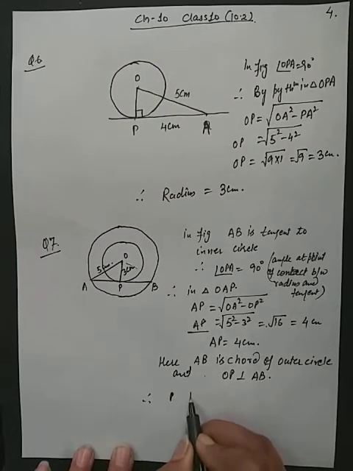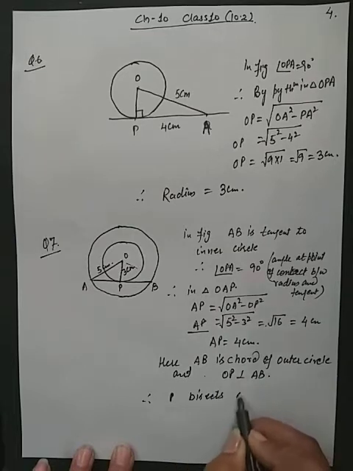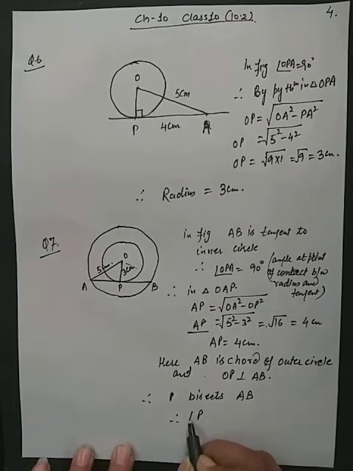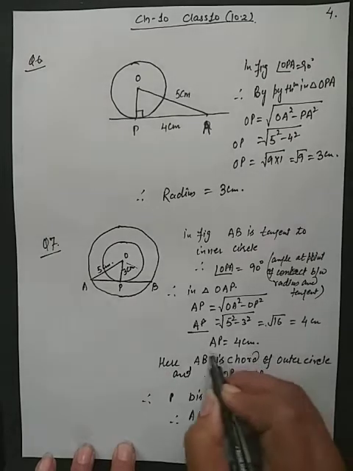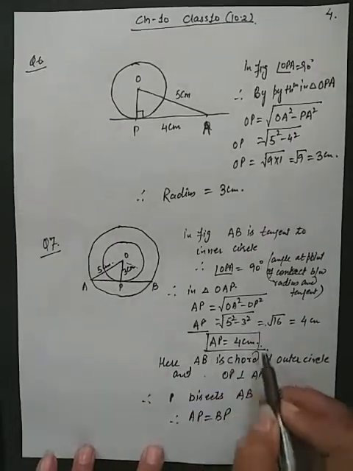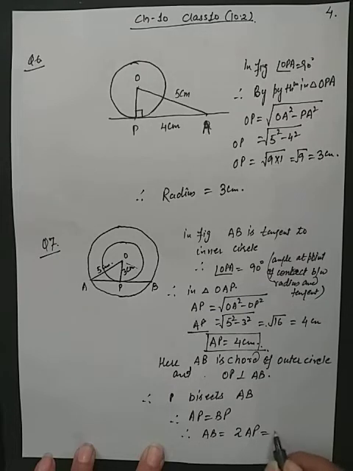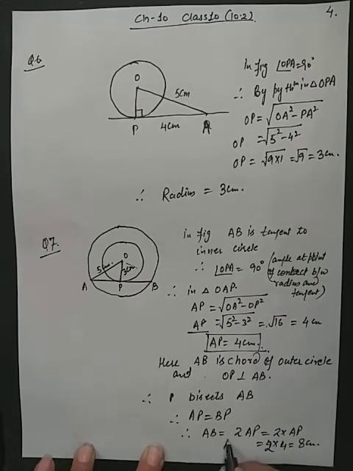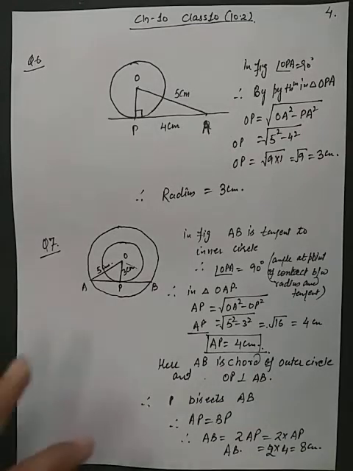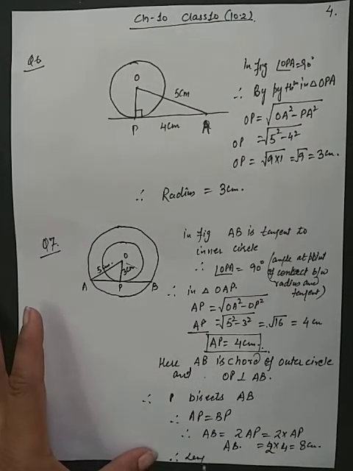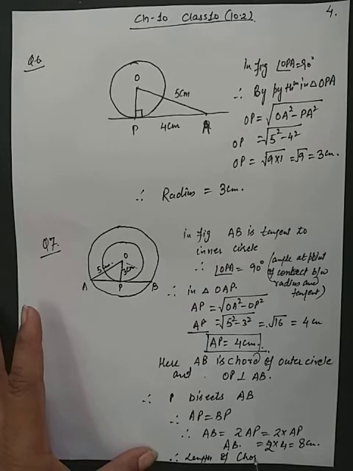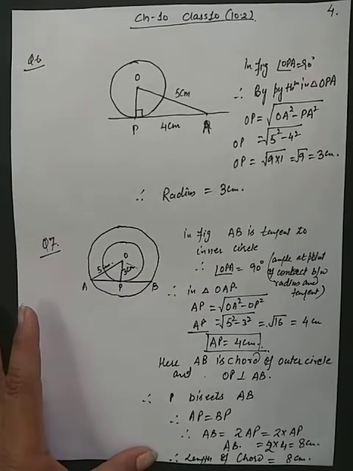So therefore P bisects AB, therefore AP is equal to BP and AP we have already as 4 centimeter. So therefore AB is equal to double of AP. 2 into AP is equal to 2 into 4, 8 centimeter. Hence the length of chord is 8 centimeter. Therefore, length of chord is equal to 8 centimeter.